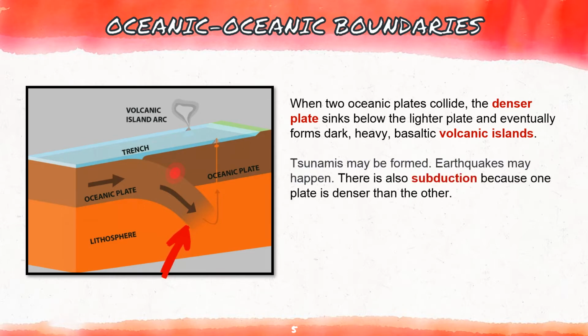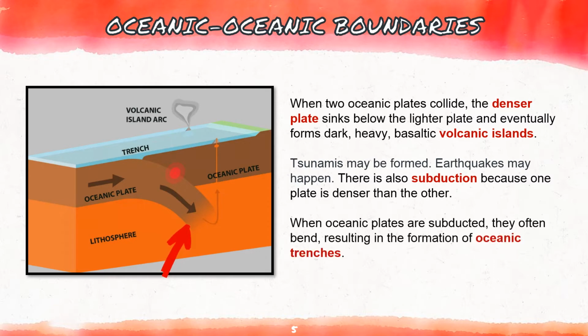Tsunami may be formed, earthquakes may happen. There is also subduction because one plate is denser than the other. When oceanic plates are subducted, they often bend, resulting in the formation of an oceanic trench.